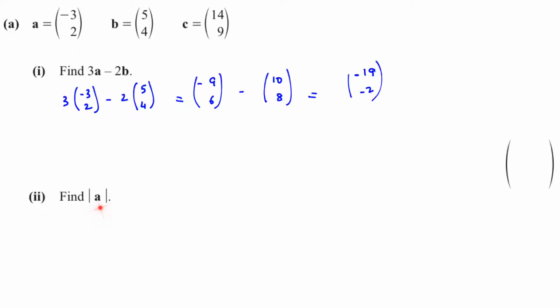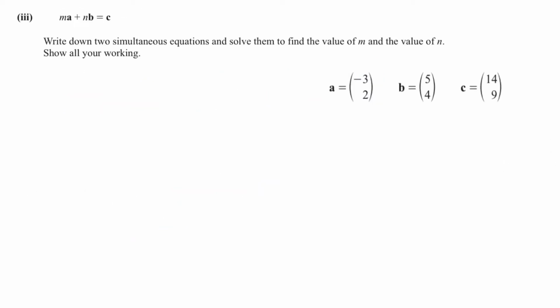A2, find the magnitude of A. For this question, you have to square root and whatever are your terms here, negative 3 and 2, square them. Put this in the calculator and you will get your answer, which is 3.6.